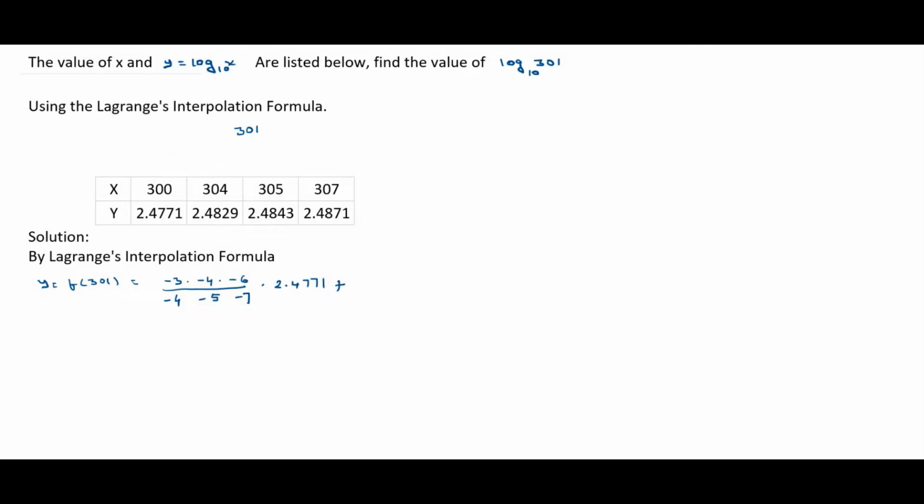Now close the second value of x. The second value of x is 304.